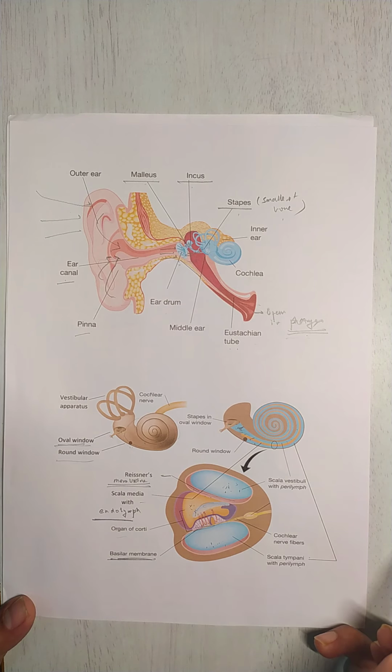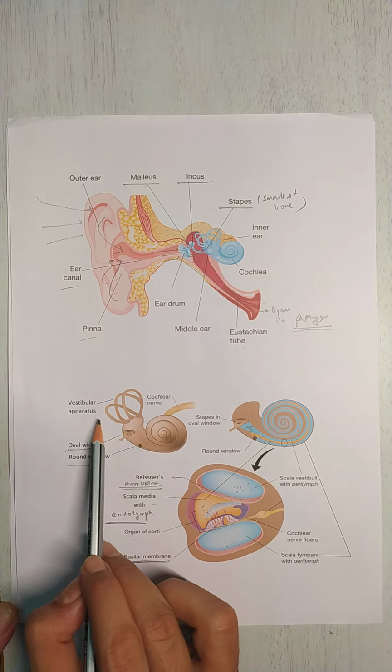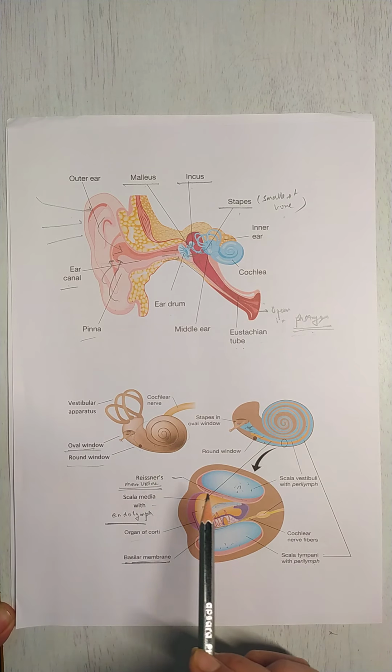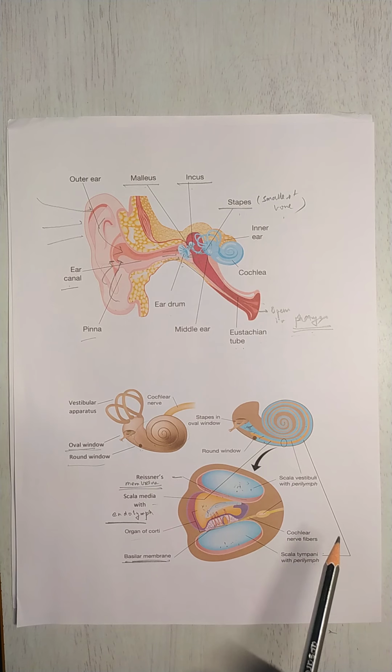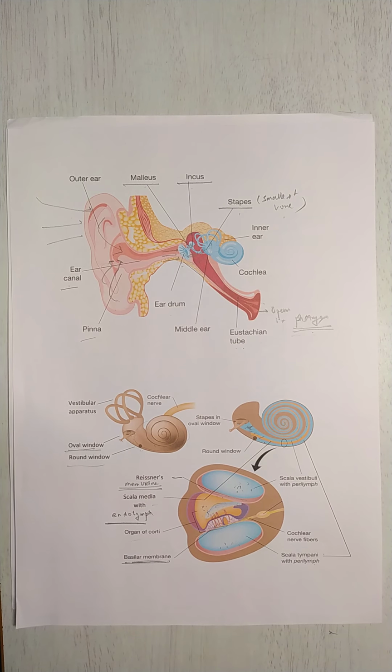Then there is a vestibular apparatus. This vestibular apparatus is also part of the internal ear, but it does a very different thing. It is involved in maintaining body balance.